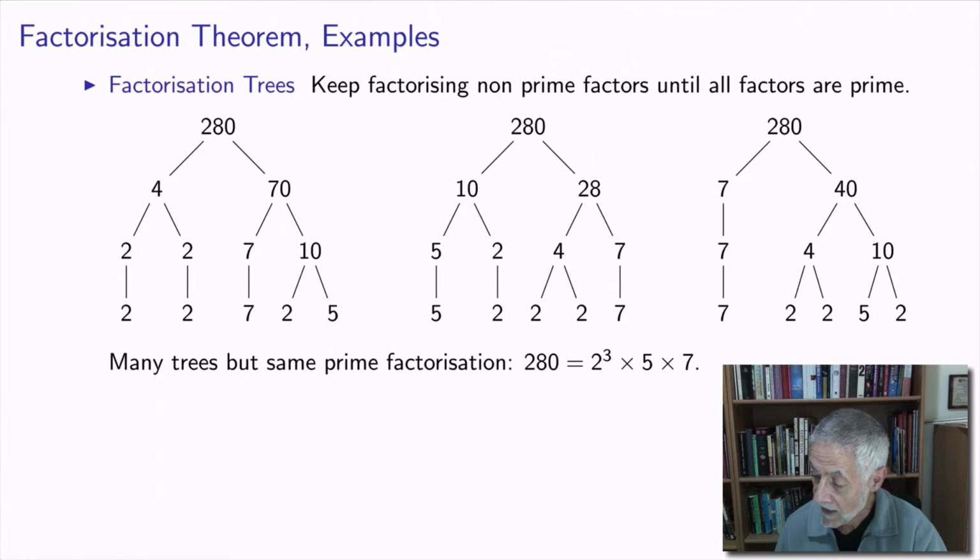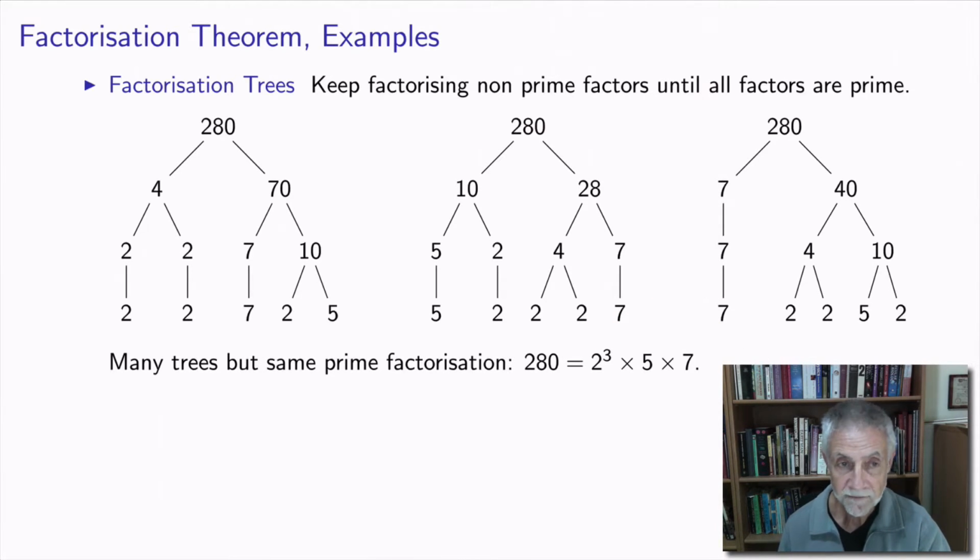So once again we have that 280 is 7 times 4 times 10, and 4 can be further factored into primes, 2 by 2, and 10 into 2 primes, 5 times 2. And once again, after rearranging, we get the same as before, 2 cubed times 5 times 7.